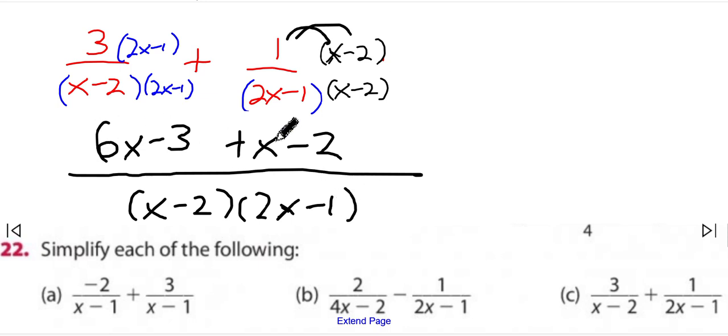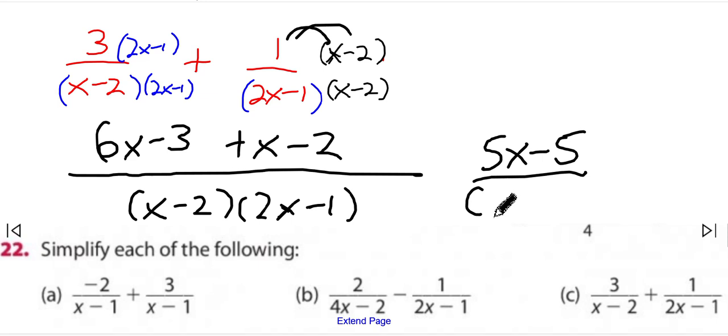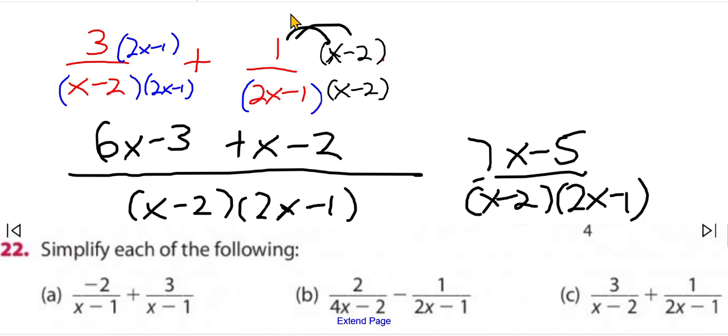And then the answer, 5x minus 5 all over. Oh, sorry, 7x. Sorry, not 5. It's not 5x, it's 7x. So 7x take away 5, yeah? And then x minus 2 and 2x minus 1.